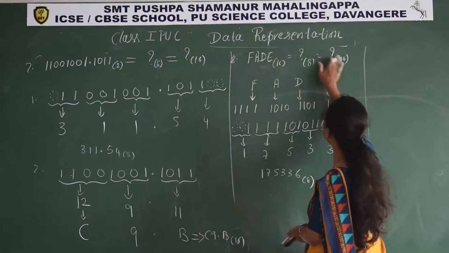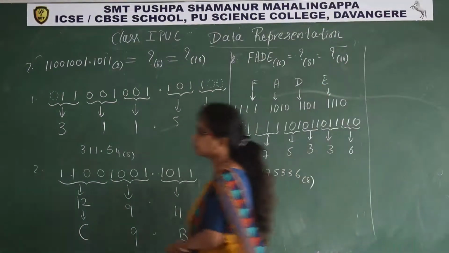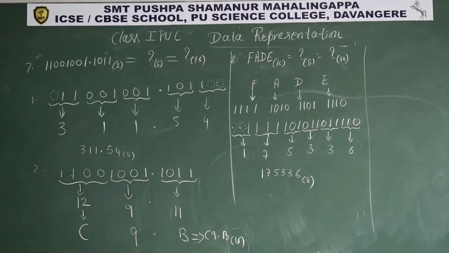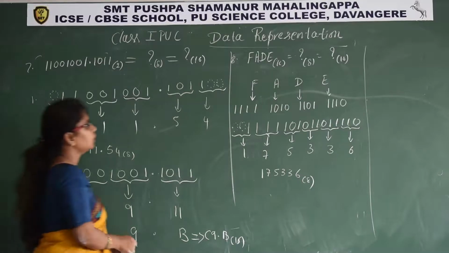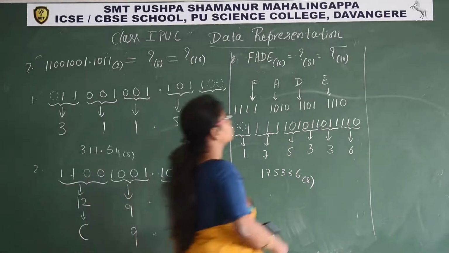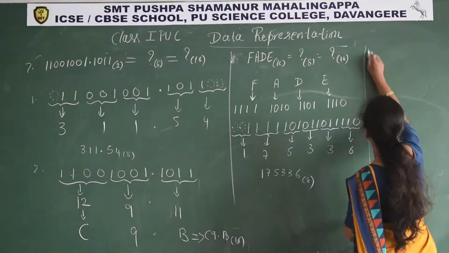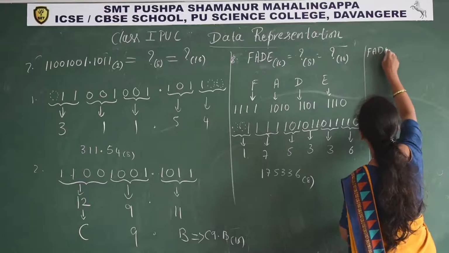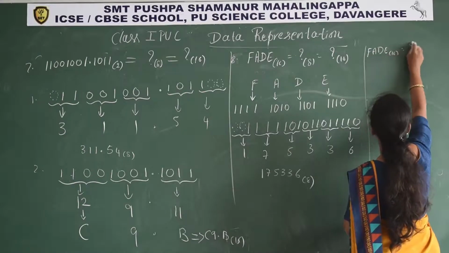Sorry, this is hexadecimal to decimal. FADE to decimal.